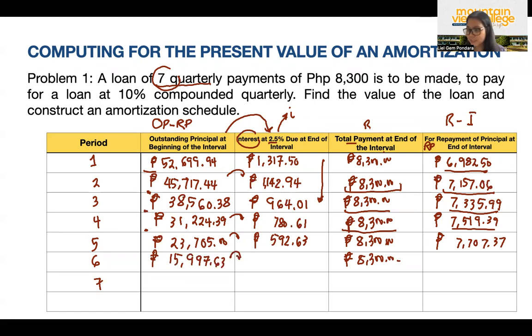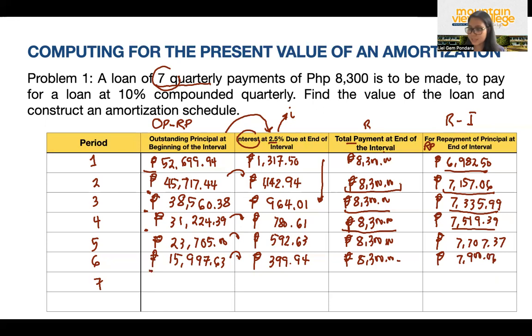You multiply this by 2.5%. You are paying 399.94 to the interest rate. You subtract that from 8,300. Sorry, 8,300 minus 399.94 is 7,900.06.